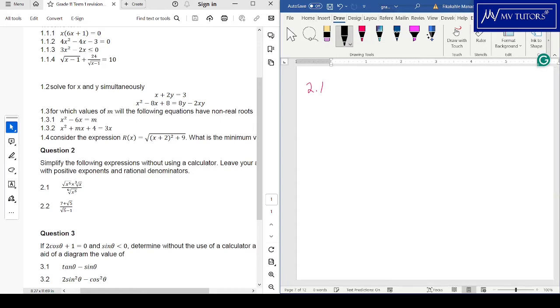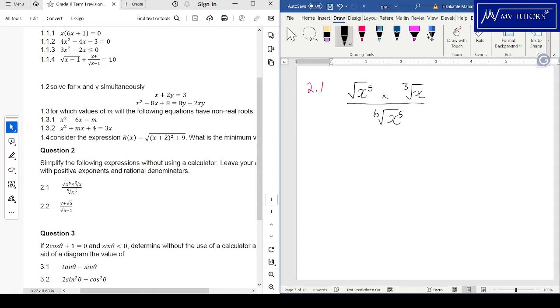Actually, I want to write it in black. So I've got a square root of x to the power 5 times a cube root of x divided by 6th root of x to the power 5.